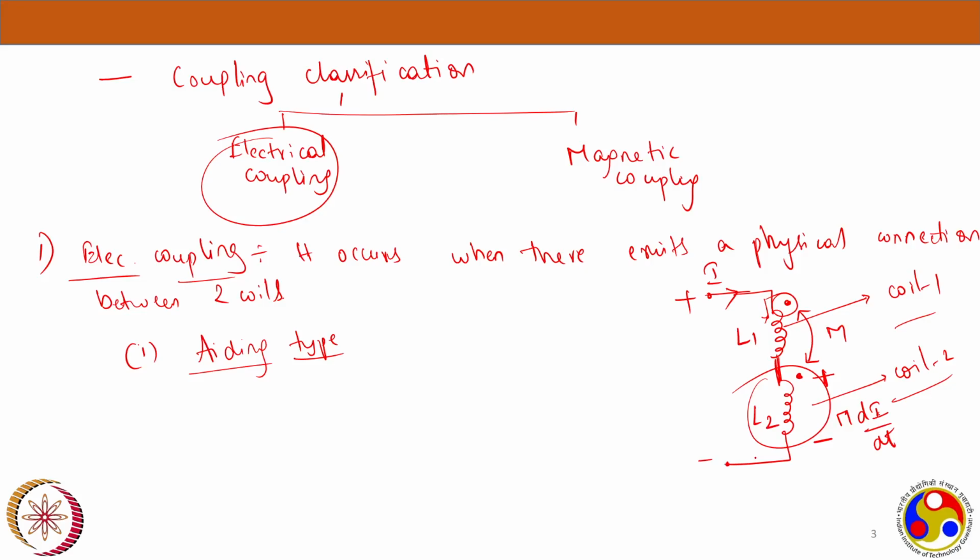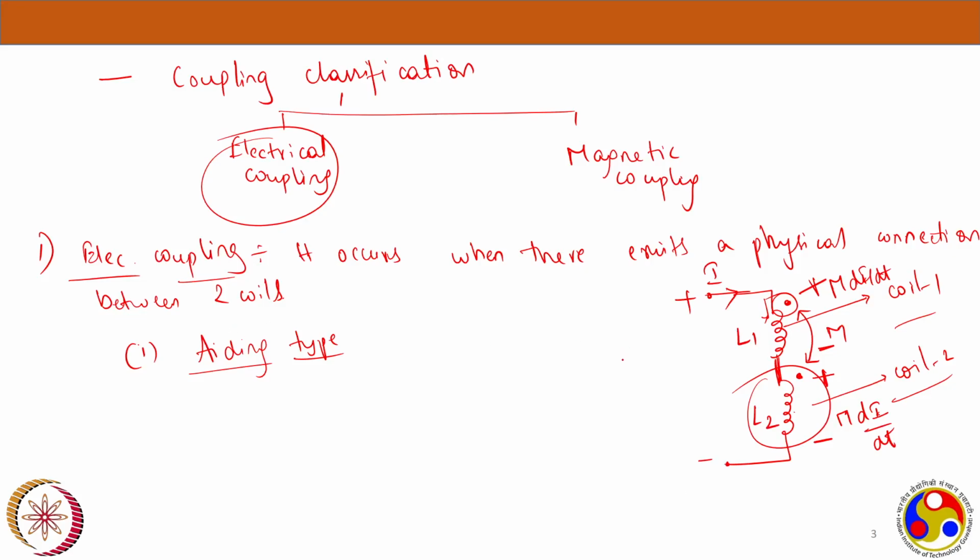Again, by the definition, since current enters at the dotted terminal of one coil, it will induce a voltage in the other coil, with positive at the dotted terminal and negative at the other terminal. Here also M di by dt will be induced, because of the current flowing through coil 2, and the polarity is now clear based on the rule. Now let's try to write the KVL equations.